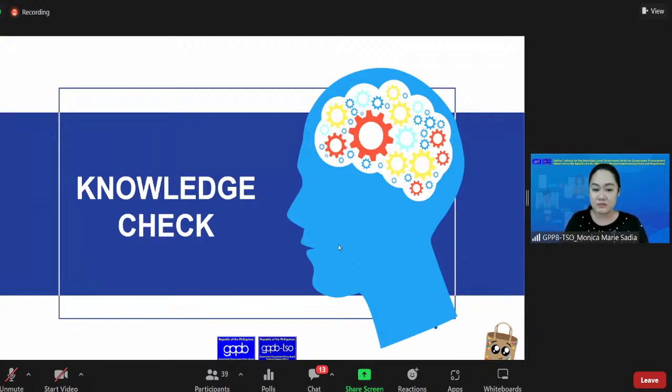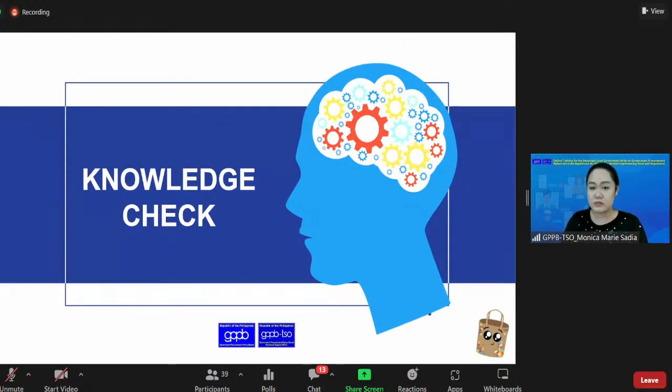Letter D, rescission of the notice of termination. Or letter E, decision. Again, the question is, in this procedure for termination of contracts, a verified position paper shall be submitted by the supplier, contractor, or consultant to the HOPE within 7 calendar days from receipt of the notice of termination. Is this letter A, B, C, D, or E?